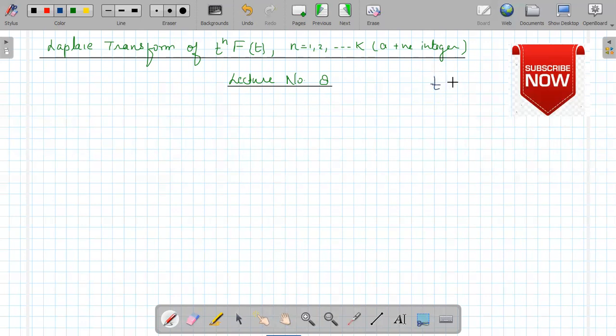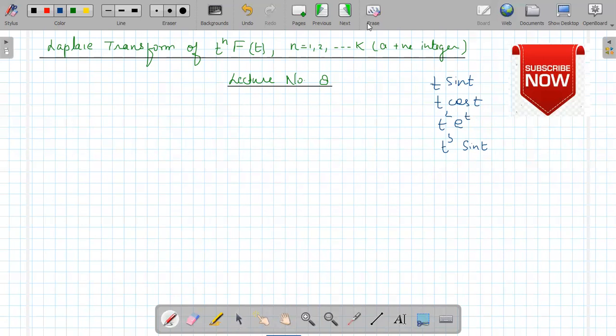I'm writing for you t sin t, t cos t, or say t square e to the power t, or t cube sin t, and so on. Means the second function is a normal function and the function is multiplied by different powers of t.